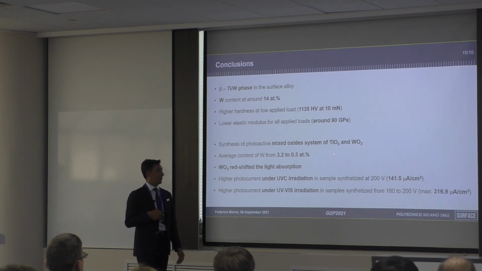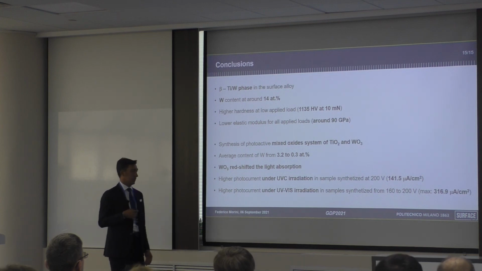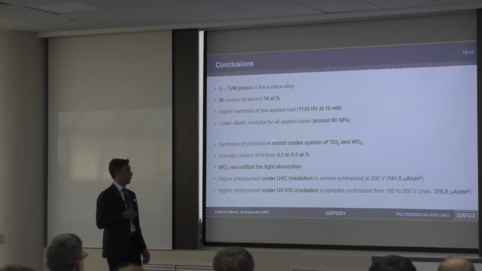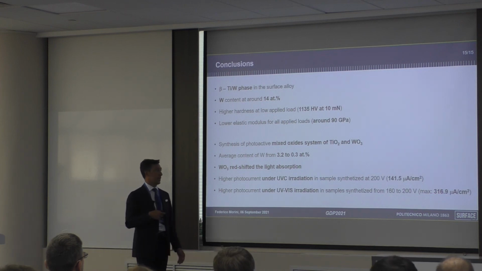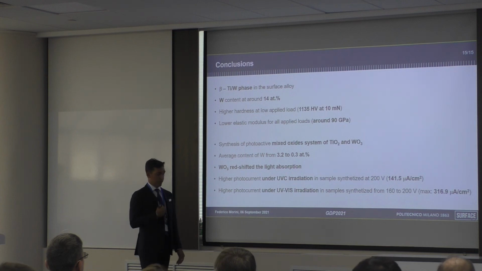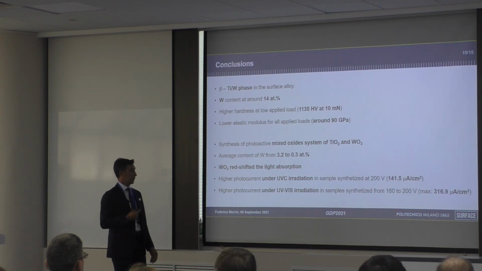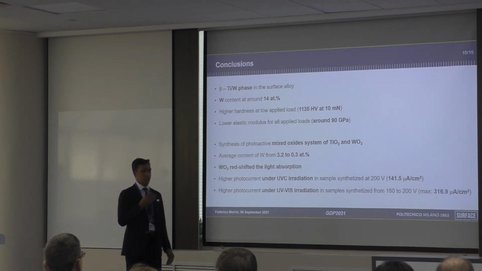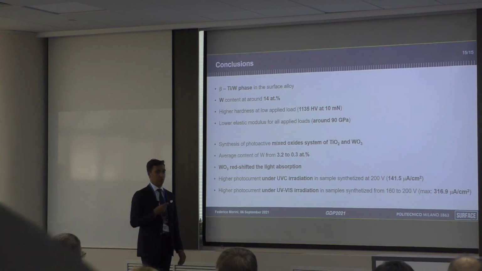Concerning the plasma electrolytic oxidation and the mixed oxide system, we synthesized a system of titanium dioxide and tungsten trioxide with an average tungsten content in the oxide that goes from 3.2 to 0.3 atomic percent. From the photoelectrochemical measurements, we noticed that tungsten trioxide redshifted the light absorption, so it is more active under UV visible light.